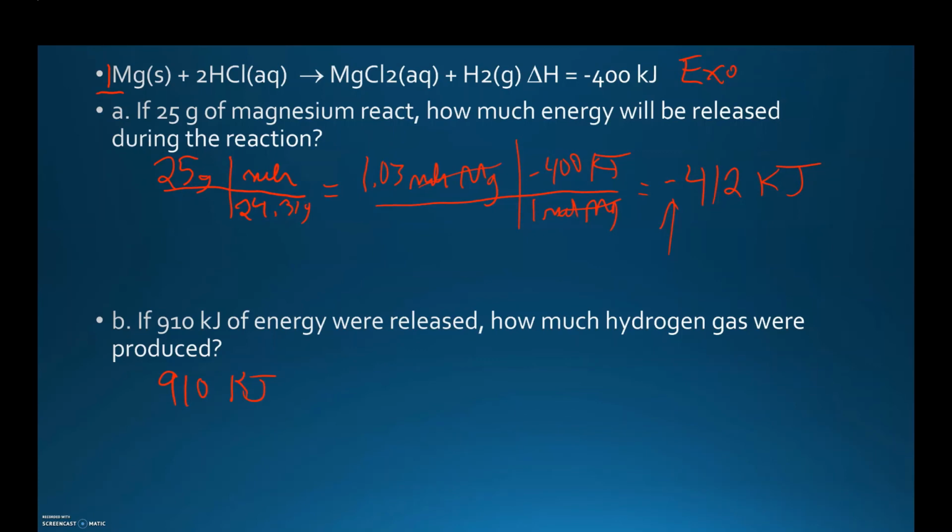In this case, we're looking at the delta H per mole of hydrogen gas. If you look at the balanced equation, we have 1 mole of hydrogen gas there. So we divide by negative 400 kilojoules per mole of hydrogen gas.